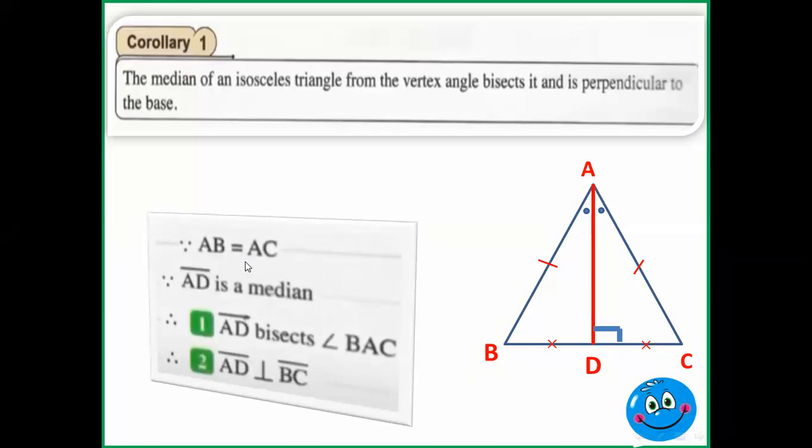Since we have AB equals AC, this triangle is isosceles, because two legs, two sides, are equal. And since we have median ED in an isosceles triangle, we deduce that ED bisects the vertex angle, meaning it divides angle A into two equal angles, so the measure of angle DEC must equal the measure of angle DEP.